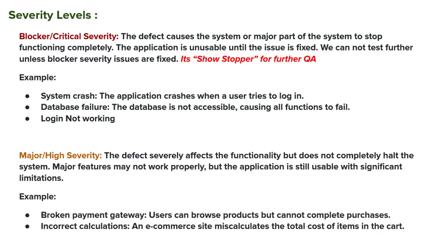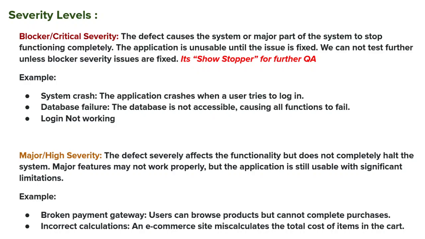The application is unstable until the issue is fixed. If there is such an issue because of which the application is totally unstable and unusable, then as a tester you would not be able to do any type of testing on that build. So we cannot test further unless that blocker severity issue is fixed.